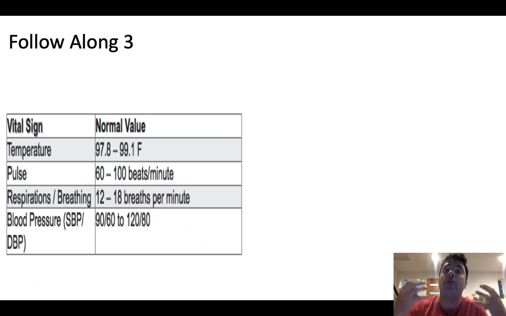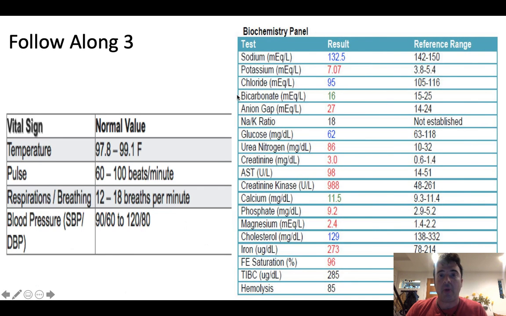And it helps you to make key diagnoses, right? So when we think about chem panel, same thing. Whenever you're reading a diagnostic test, like a lab value, you always look at the test. So in this case, they're looking at concentrations of sodium in milliequivalents per liter.